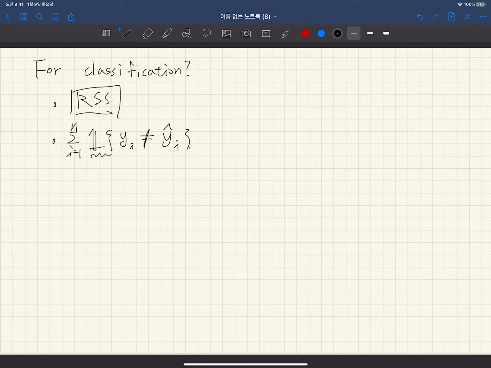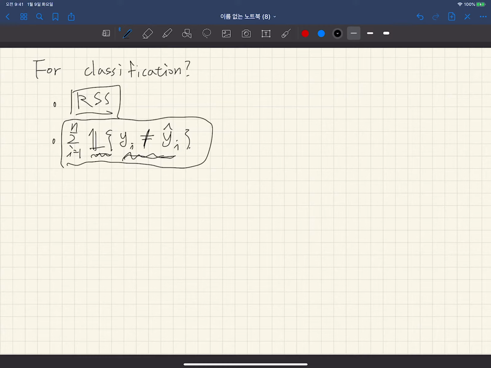Here, this is the indicator function. This value is equal to 1 when the condition inside the indicator function is true, and 0 when the condition is not true. So basically, this equation indicates the number of misclassified data points.